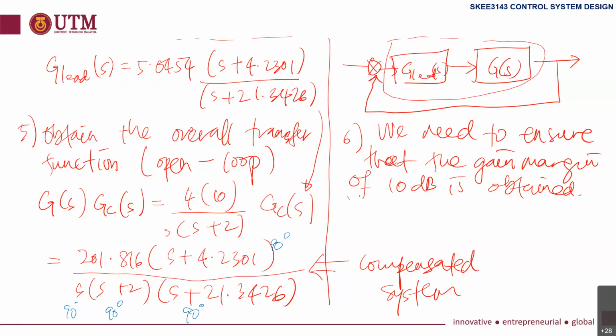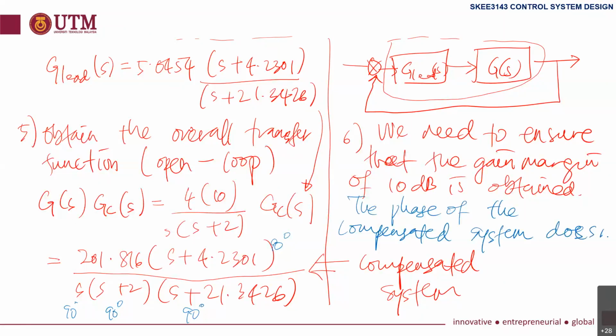180 degrees. The phase of the compensated system does not cross minus 180 degrees. So again, the gain margin is always infinity for this system, also for the compensated system.